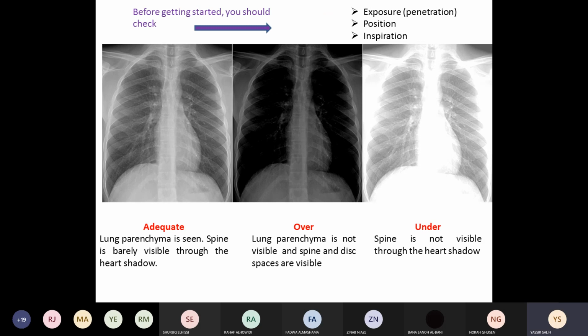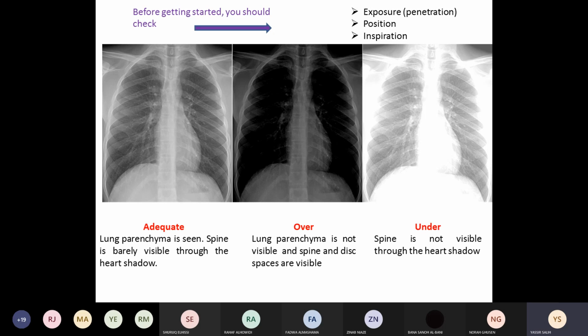Okay, when the technologist does this chest X-ray, there is something called the factor, the amount of radiation required to form this image. He must adjust the required amount of radiation to gain a good quality X-ray. The radiation should not be more or less, it should be adequate or optimum for this chest X-ray.